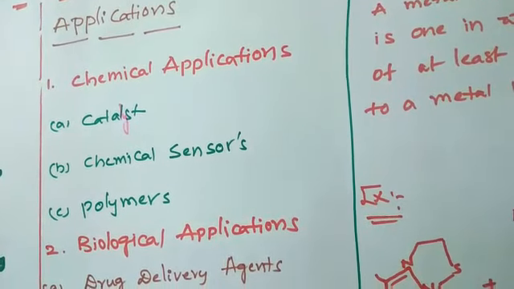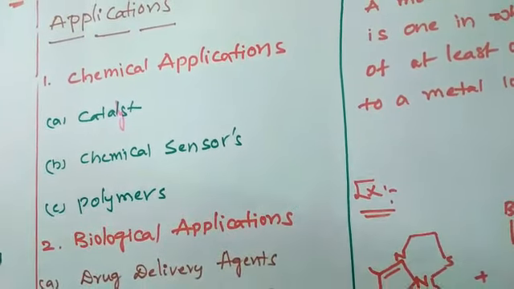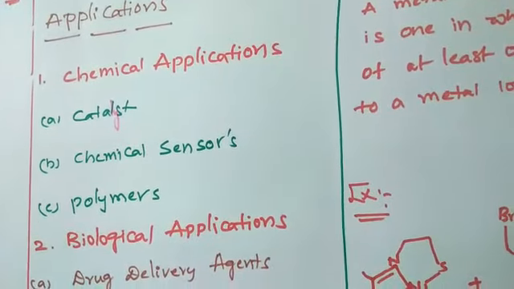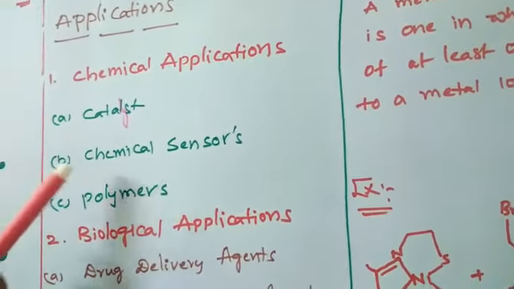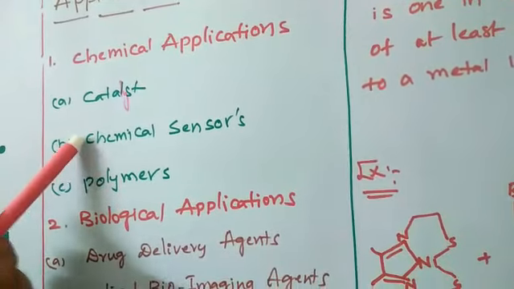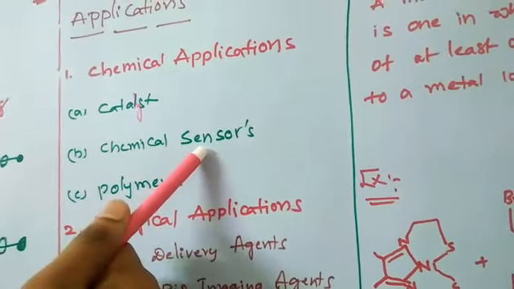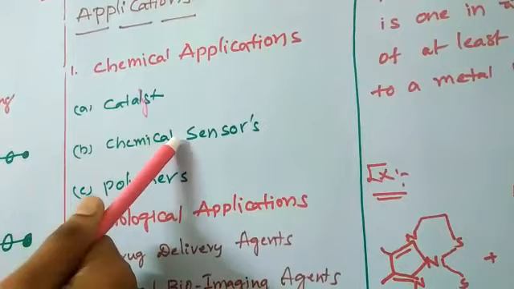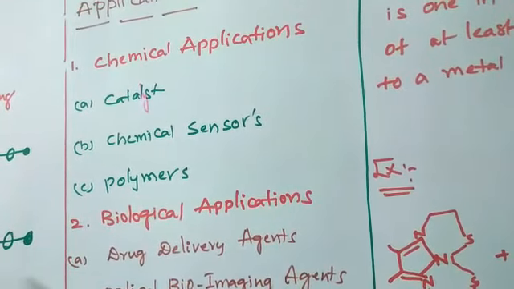It means water may contain iodide ions, and those iodide ions are identified by a chemical sensor, which is designed using rotaxanes.